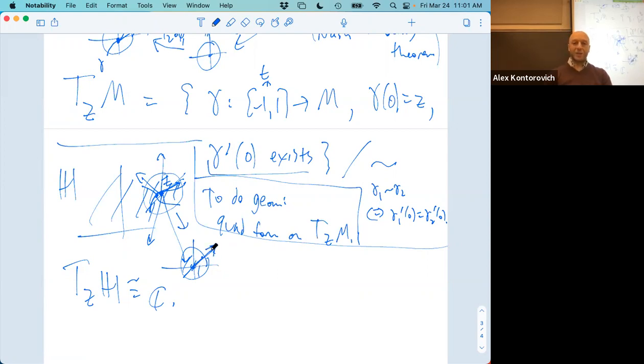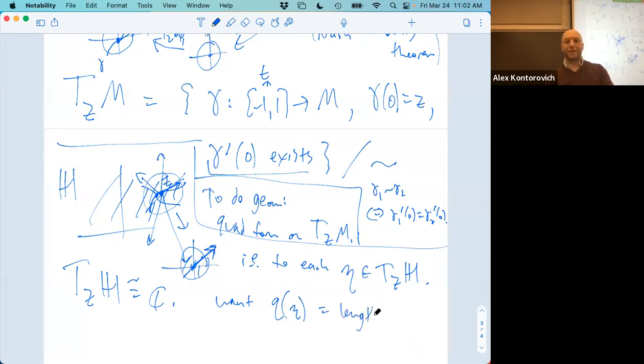In other words, I want to assign to each direction in the tangent bundle at z a value Q of eta, which is some real number that tells me the length. I want this to be the length of eta.